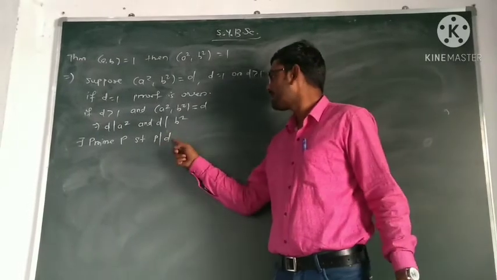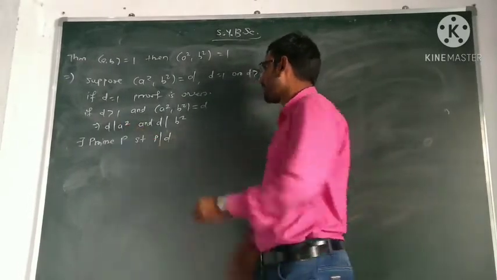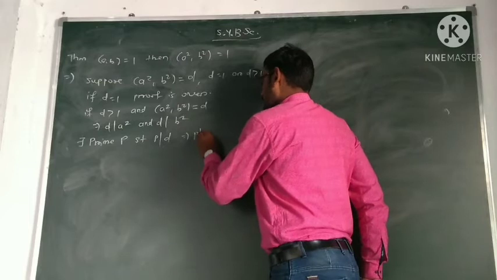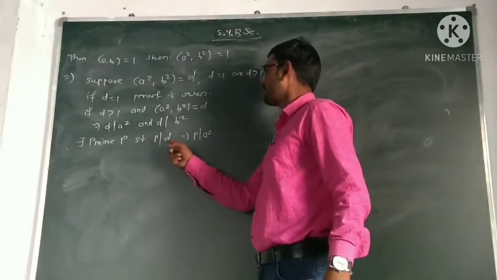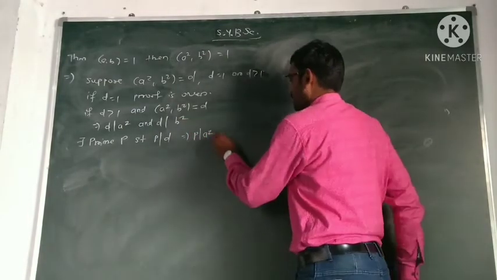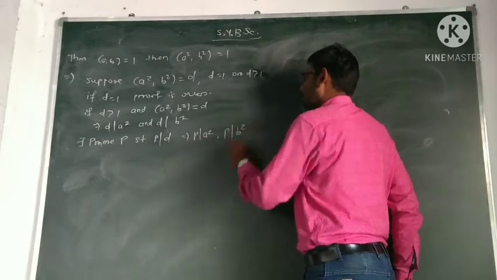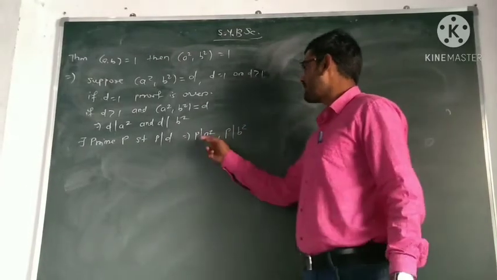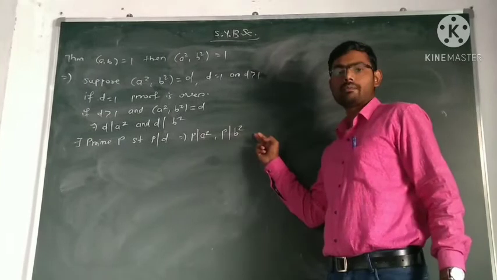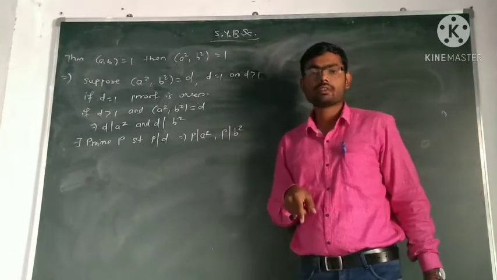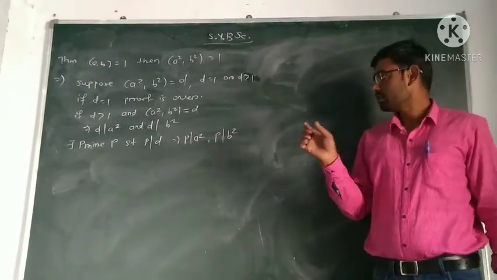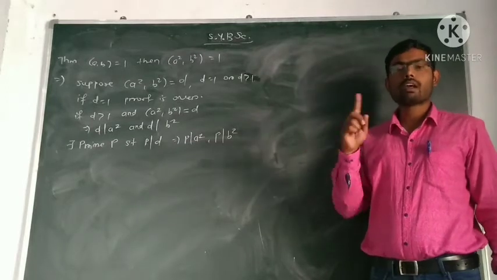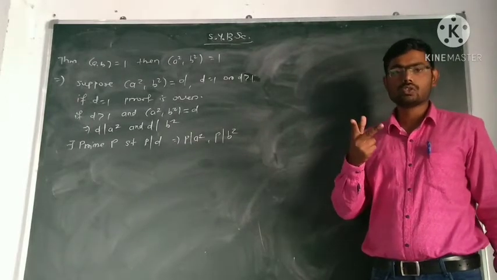Now P divides D and D divides A square, so P divides A square. Similarly, P divides D and D divides B square, so P divides B square also. Now P divides A into A and P divides B into B. We know the theorem: if a prime divides A into B, then the prime must divide at least one of the two factors.